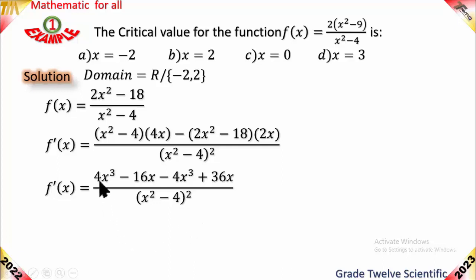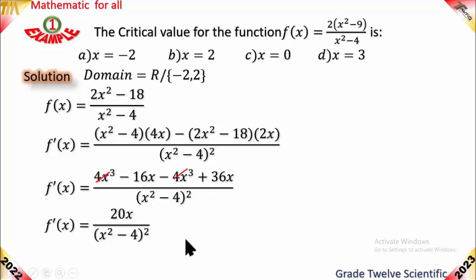Cancelling 4x cubed with 4x cubed, and minus 16x plus 36x is 20x.